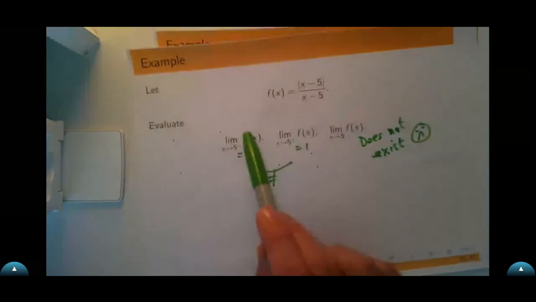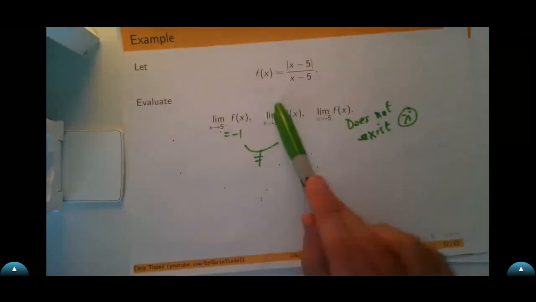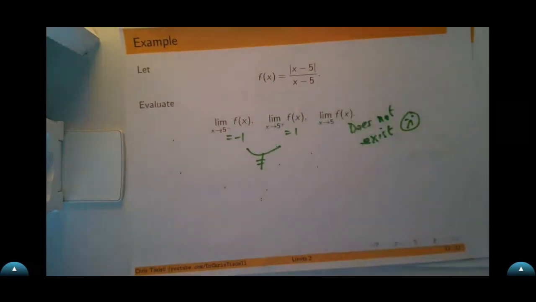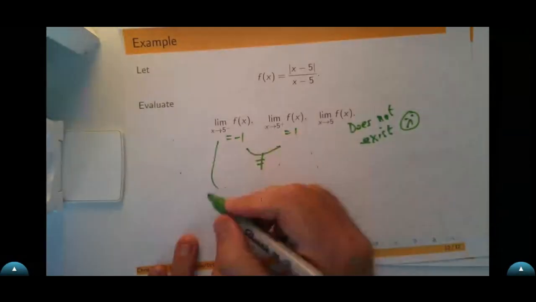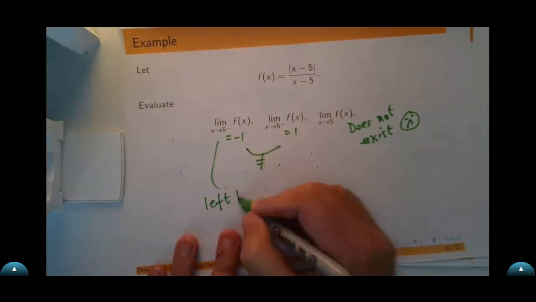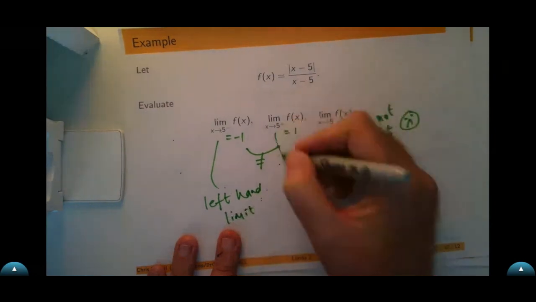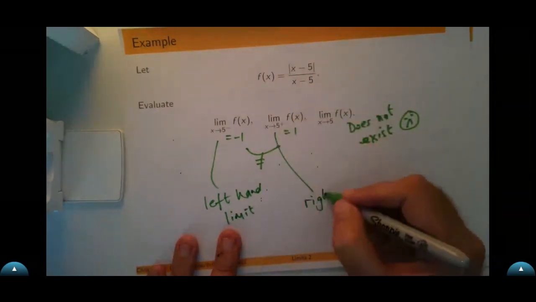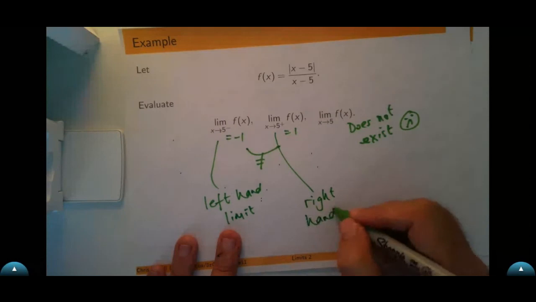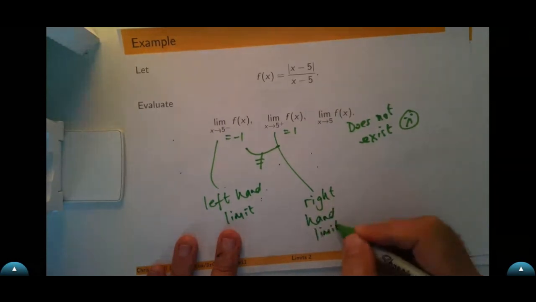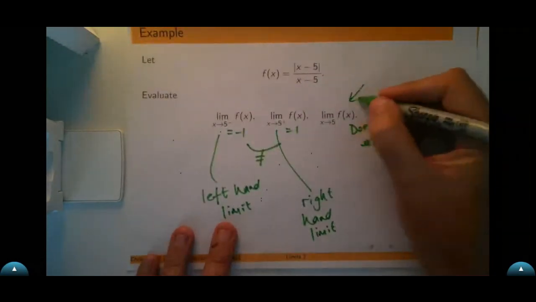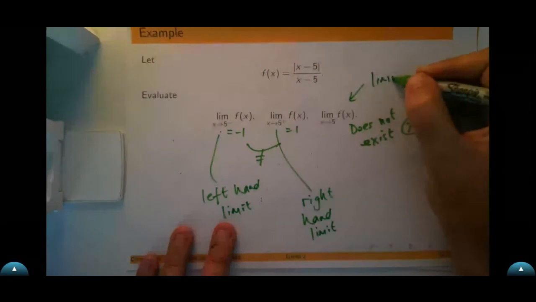So we call this a left-hand limit, we call this a right-hand limit, and we just call this the limit. Okay, so this is like a left hand limit. This is like right hand limit, and this is just limit.